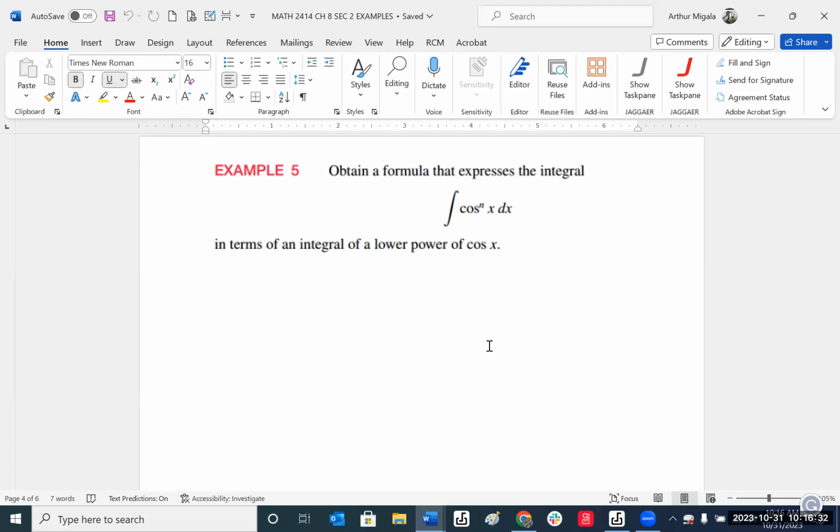Obtain a formula that expresses the integral of cosine to the n of x dx in terms of an integral of a lower power. So we're using a power reduction process. So we want it to be a lower power of cosine x.